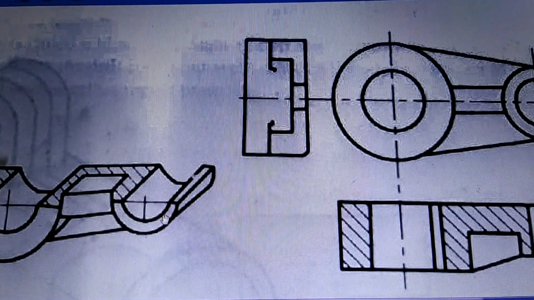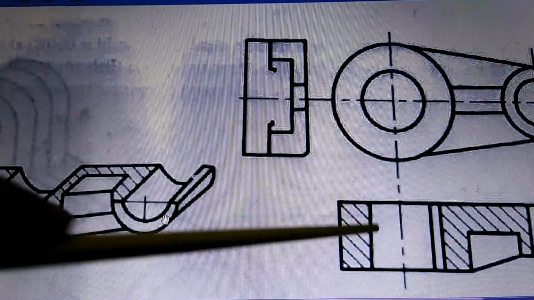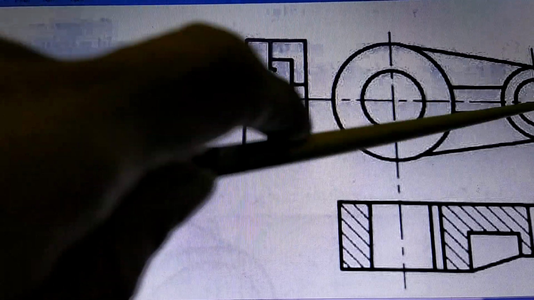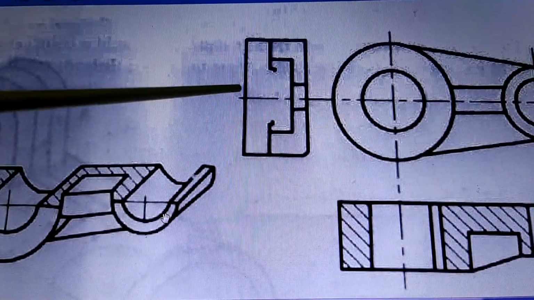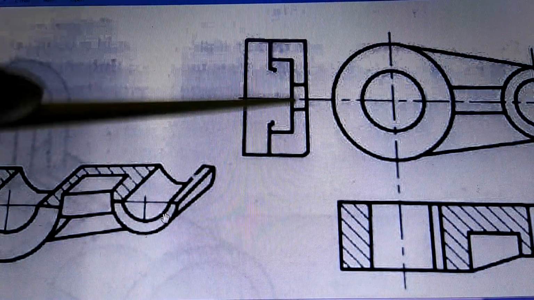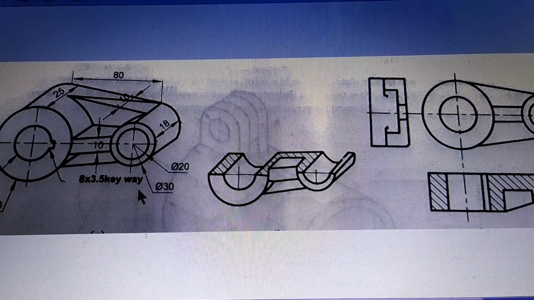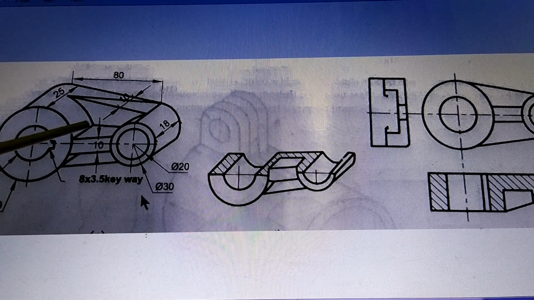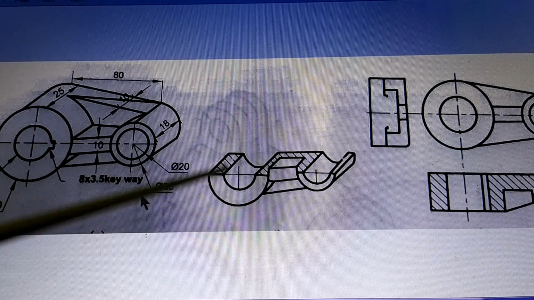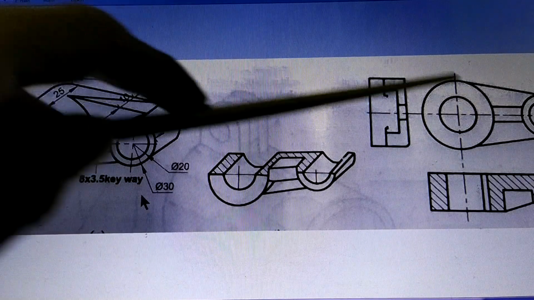That means how this surface is seen when you see from the top. And this is the view from the right side drawn on the left side, that is the right side view. So you can see the object, then the object in section, and then the sectional views of the object.